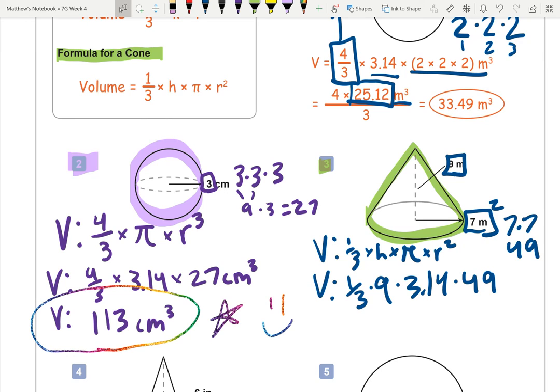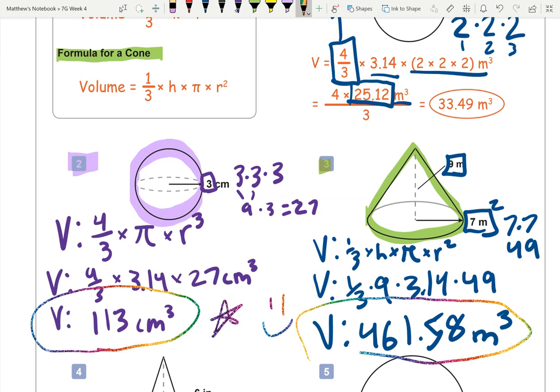So in my calculator, I'm going to do 1 divided by 3 multiplied by 9 multiplied by 3.14 multiplied by 49. And it comes out to 461.58, and this is meters cubed. I can go ahead and circle this in my nice rainbow pen to show that I have my final answer.